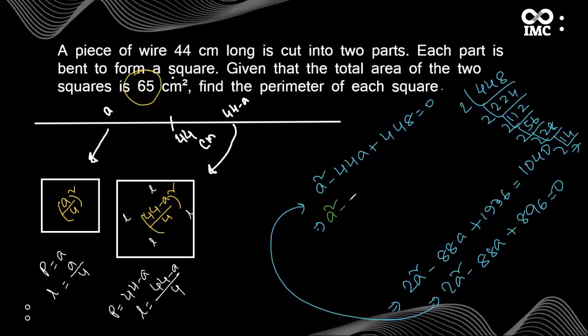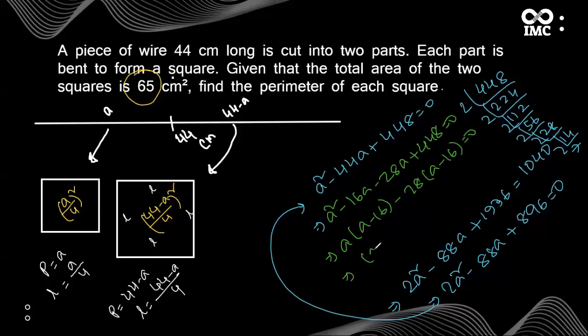So A square minus 16A minus 28A plus 448 equal to 0. Now take A as a common factor: A minus 16 and minus 28 as a common factor, we get A minus 16 into A minus 28 equal to 0.